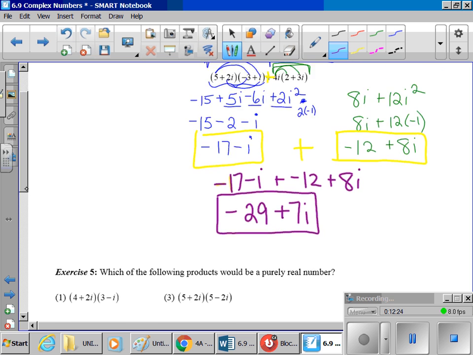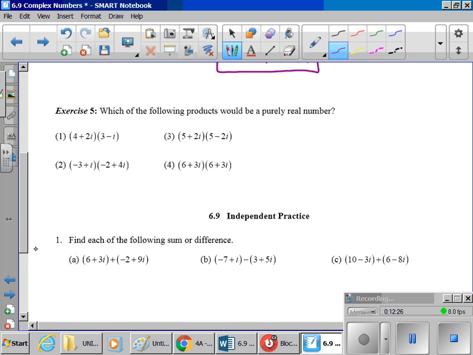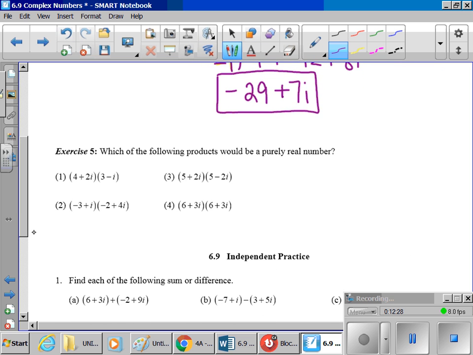Last question, number 5. Oh, right, before you start independent practice. Which of the following products, multiplying, would be purely a real number? So this requires us to actually do the math all together. If you took a look at each of these, you would have numbers like, let's just do a couple. Let's do this one because I have the room.